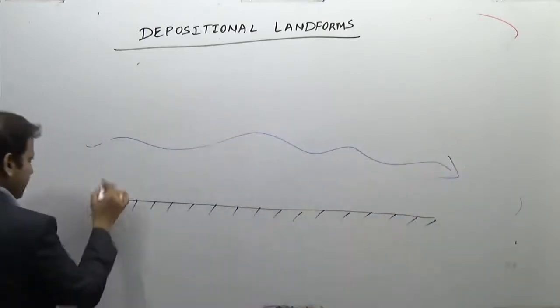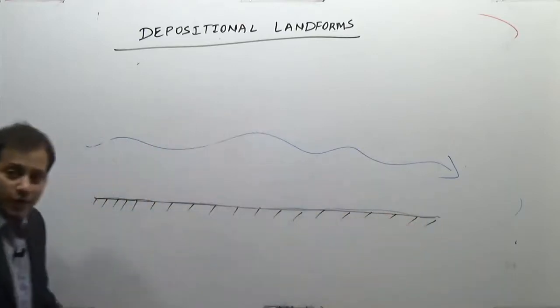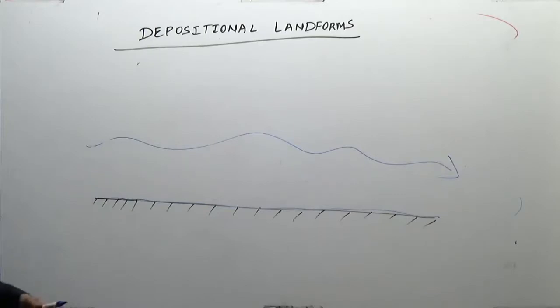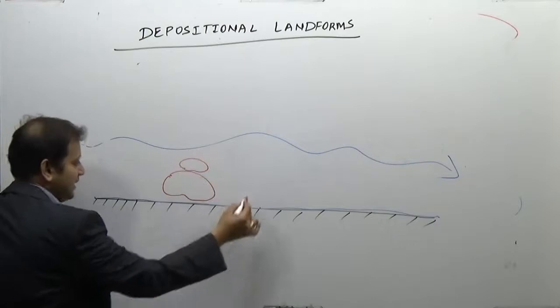Now this glacier, when it is flowing, consists of different kinds of rocks. Suppose these are the different rocks which are present in the glacier.